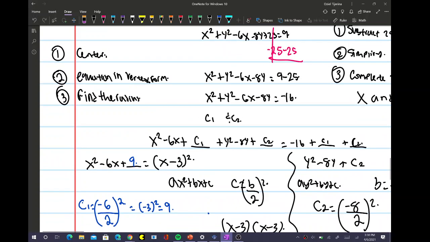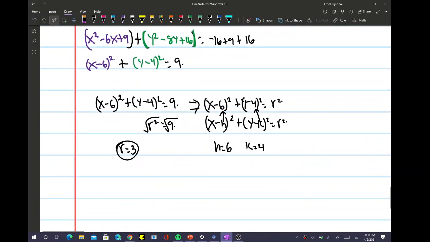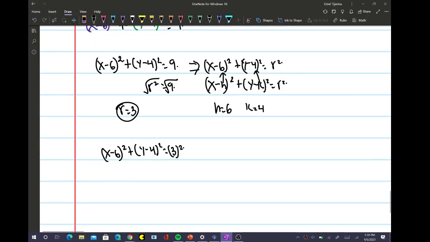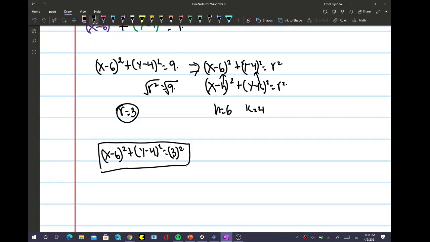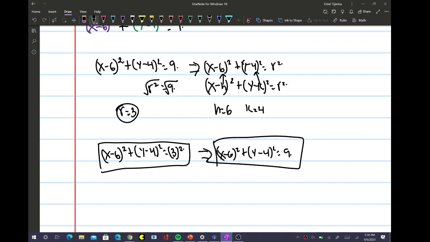So then our equation in vertex form would be x minus 6 squared plus y minus 4 squared equals 3 squared, or you can also say x minus 6 squared plus y minus 4 squared equals 9. This is also the same thing.